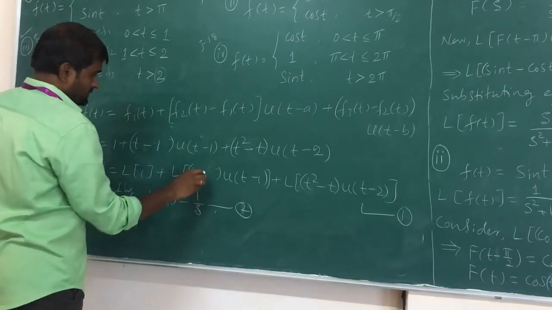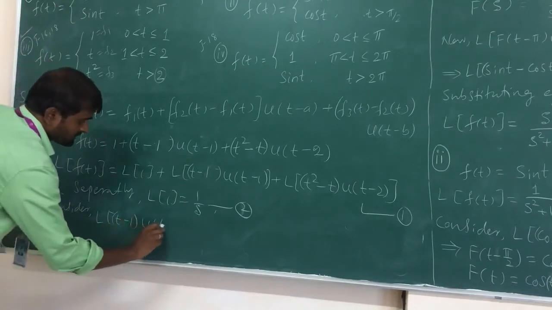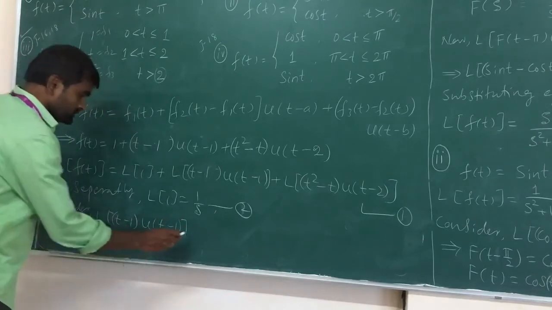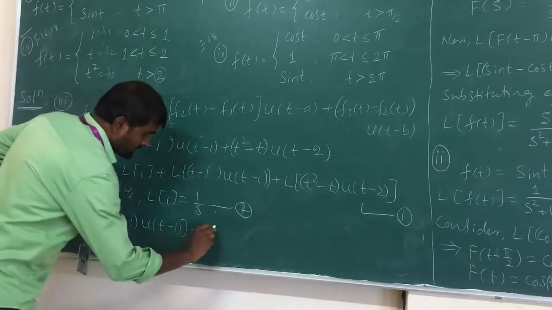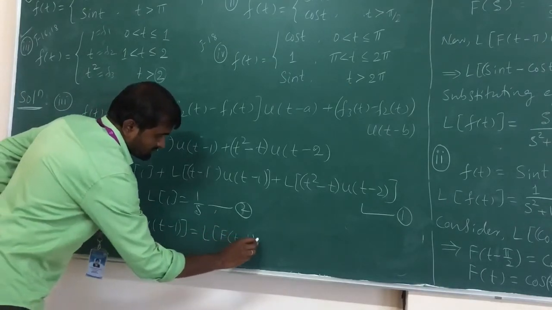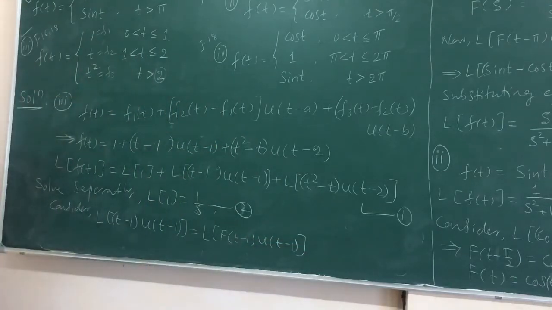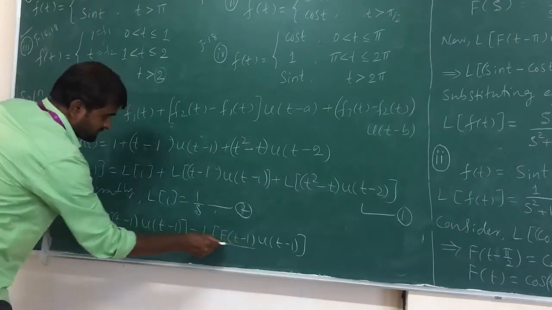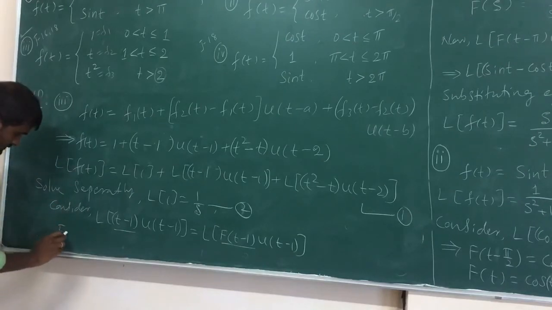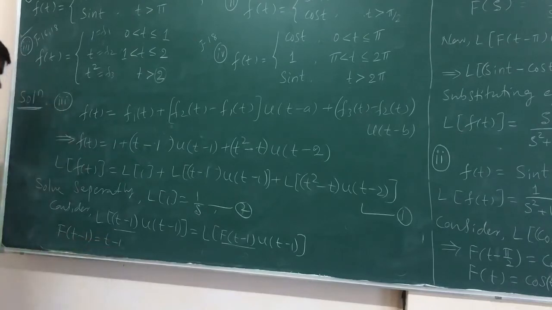Then t minus 1 into u of t minus 1 is equivalent to L of capital F of t minus 1 into u of t minus 1. Here capital F of t minus 1 equals t minus 1, right?